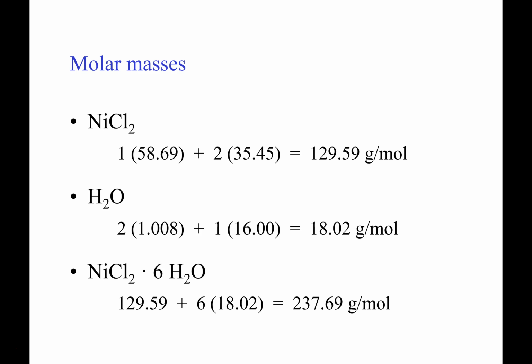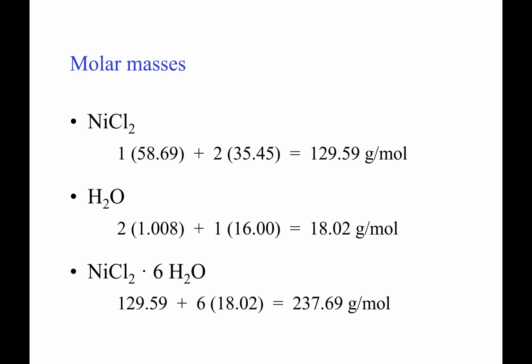So for the hydrated salt, you're looking at 129.59 plus 6 times 18.02 to account for the waters. So for the hydrated salt, you're looking at a molar mass of 237.69 grams per mole. I call these doodle calculations done in the beginning. When in doubt, calculate a molar mass. I'm only sort of kidding.